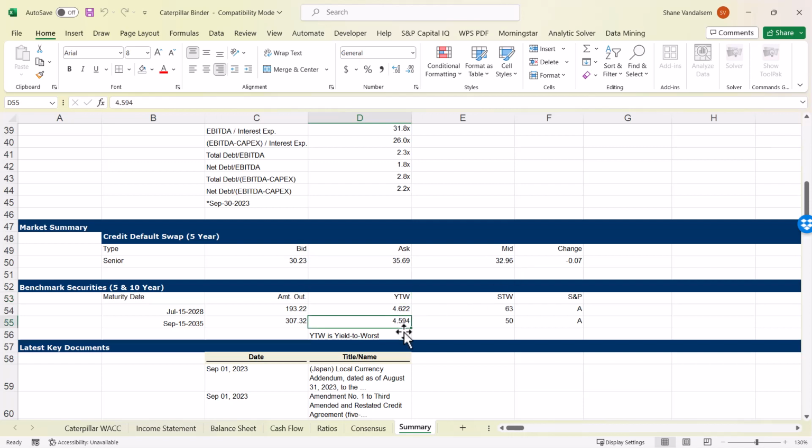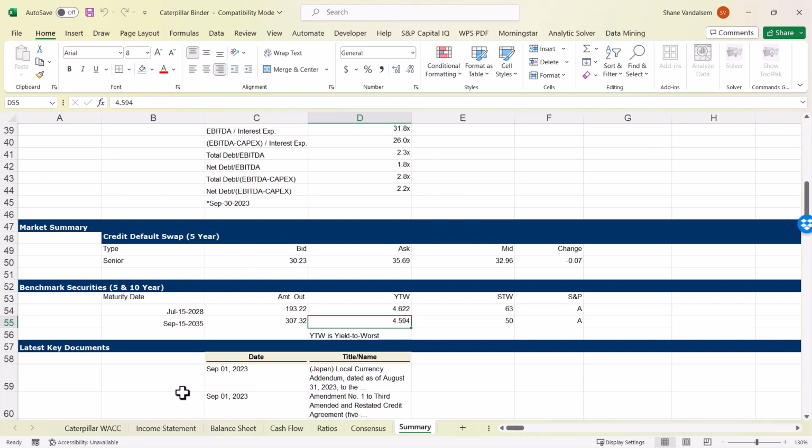What this says is that, and these are the yield to maturities for these bonds, the yield to maturity on this 10-year bond is 4.594%. So I'm going to go ahead and put that down as the cost of debt.